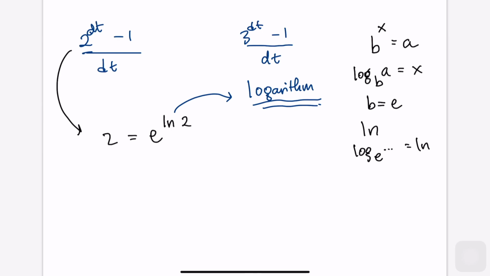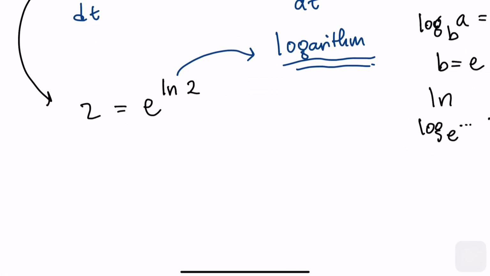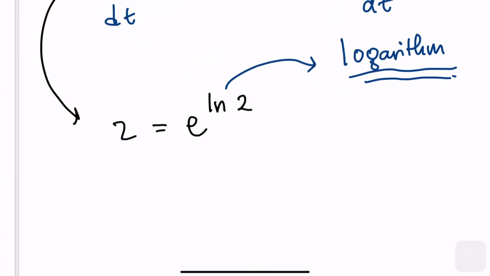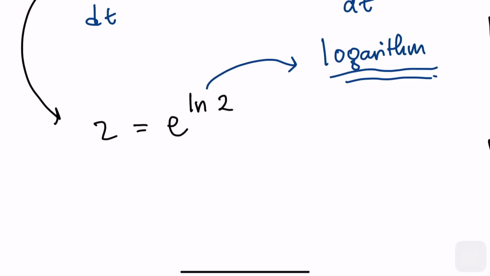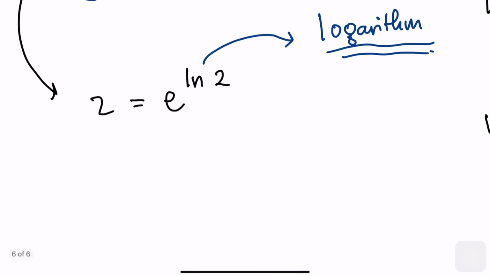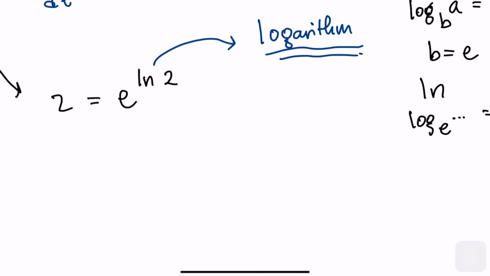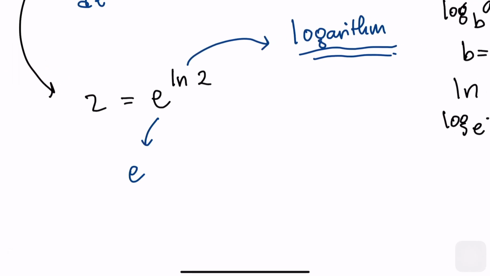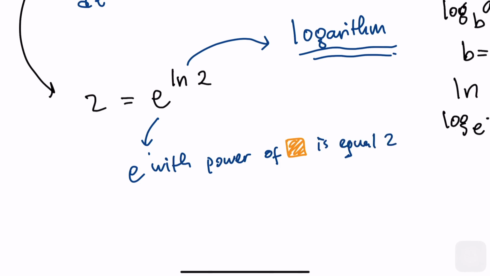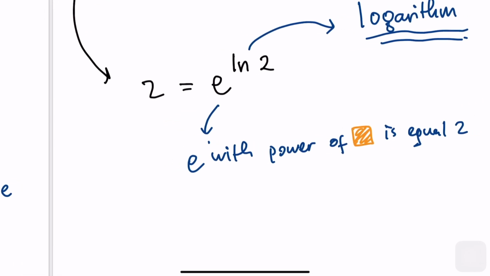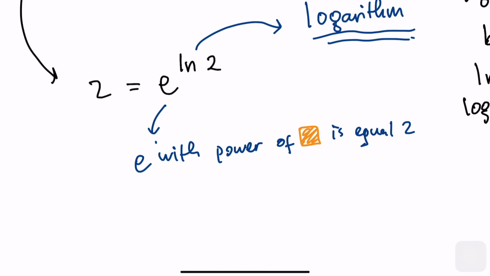And one of the properties of the log is that you can rewrite 2 as e to the ln 2. So the idea is powering e with ln 2.